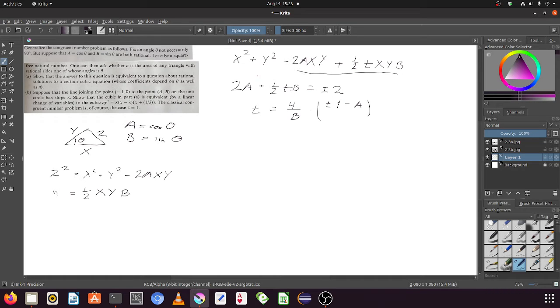So for those two values, yes, what do we have? We have x plus minus y squared. So that's z minus z squared minus 2 minus tn.